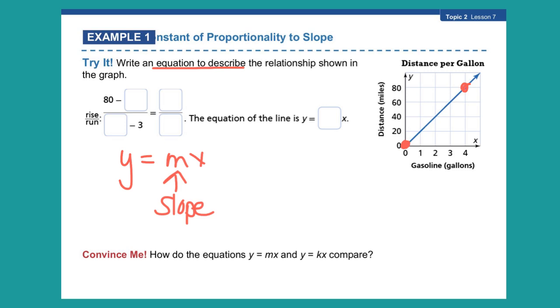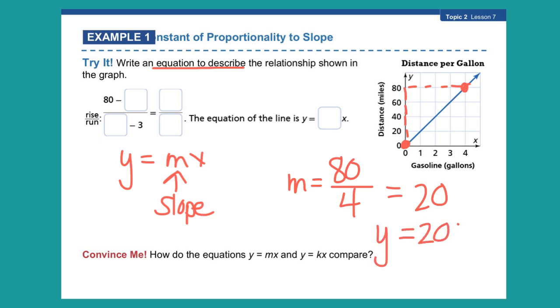And I'm going to find my slope by doing rise over run. 20, 40, 60, 80, up. 1, 2, 3, 4 over. 80 divided by 4 is 20. So my equation is y equals 20x.